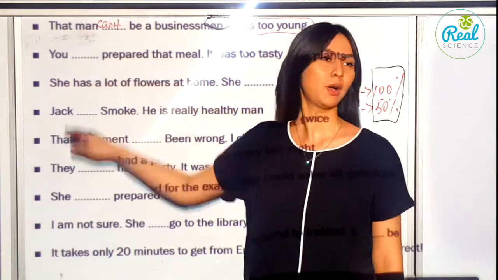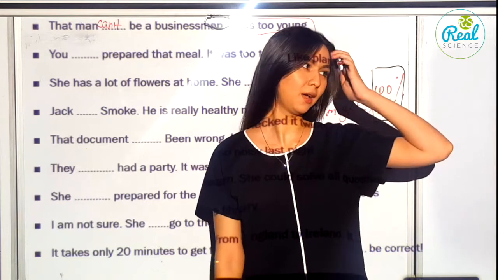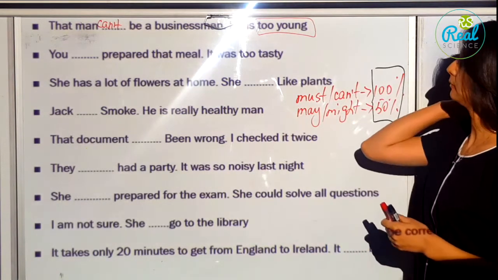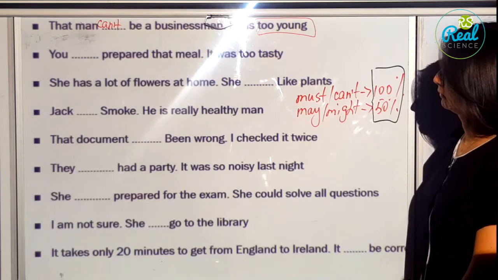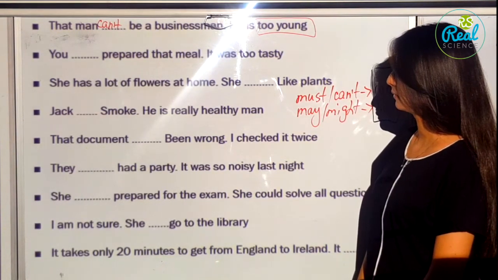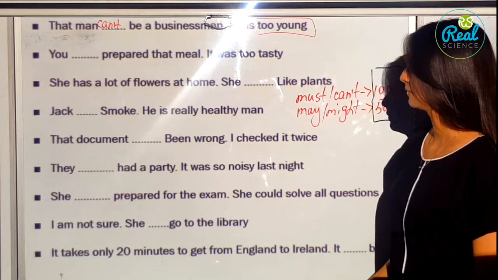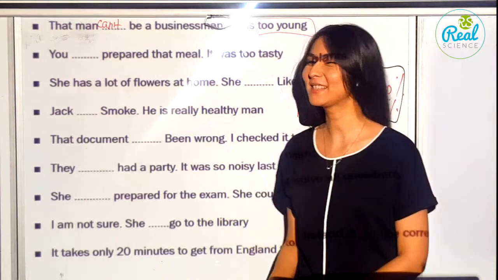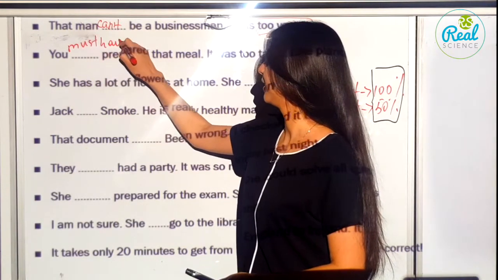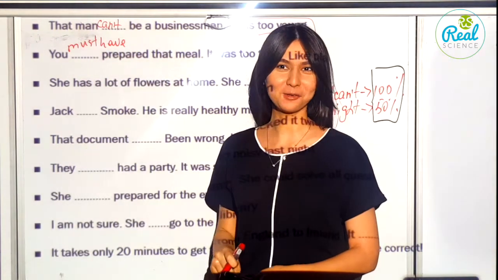Now look at the second one. Any volunteer? Jasmine. You must have prepared that meal. It was too tasty. You must have, yes. Or you can say you can't have, also possible.